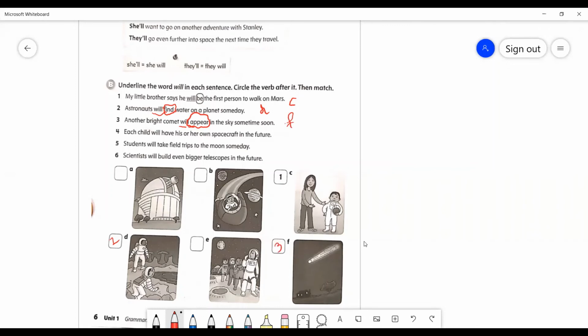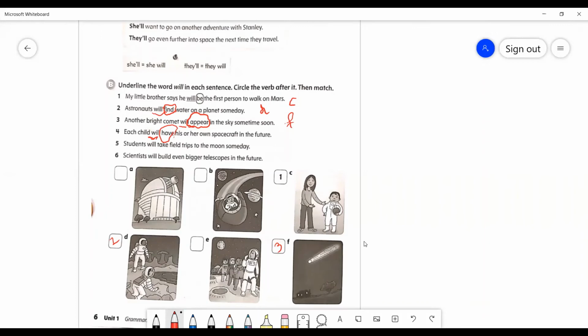Now number 4, each child will have his or her own spacecraft in future. So we will underline will. The verb is have. Each child will have. We will circle have.